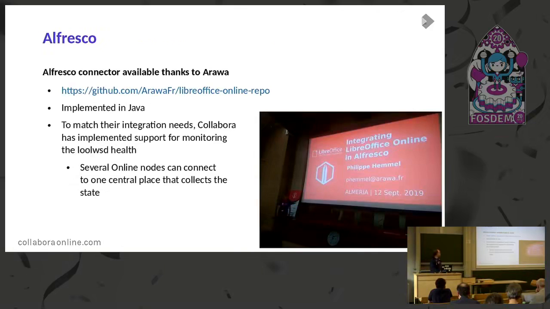Okay, the first here is Alfresco. Alfresco is a document management system. The Alfresco connector was made available by Arava. Here is the link to the GitHub. It was fully implemented in Java, and they had a specific requirement. They had multiple nodes that run Collabora Online, and they needed a central monitoring system.